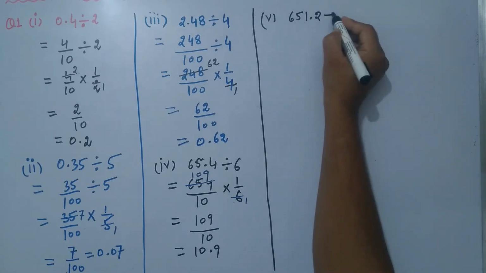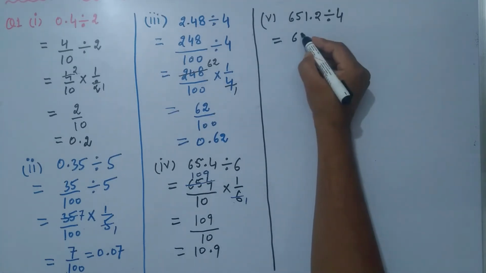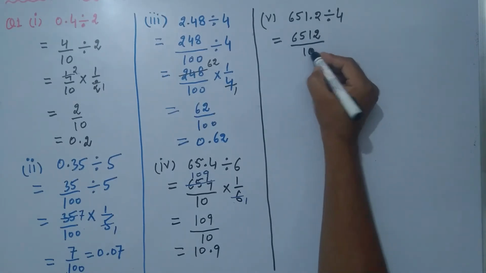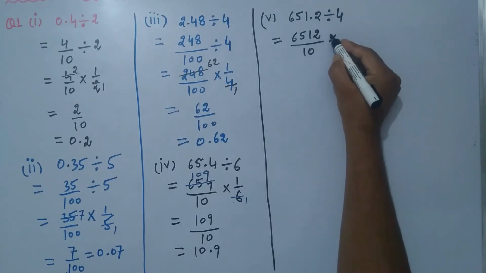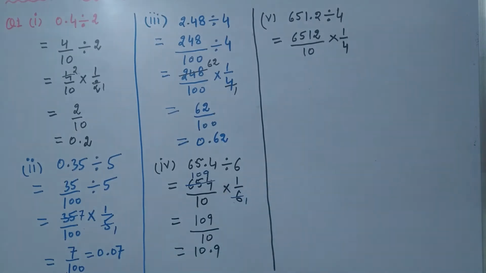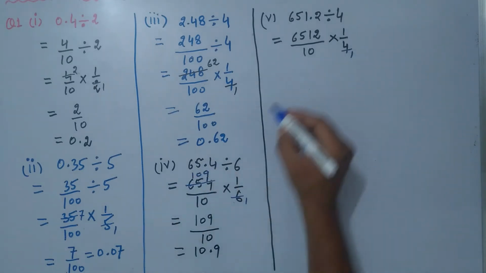So coming to the next part, part number 5, we have 651.2 divide 4. This means 6512 divide 10. This will become multiply, 4 will become 1 upon 4. So now we have 4 ones are 4.